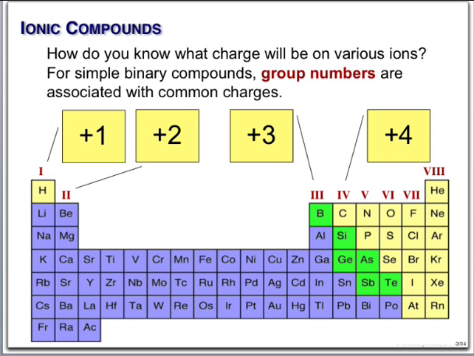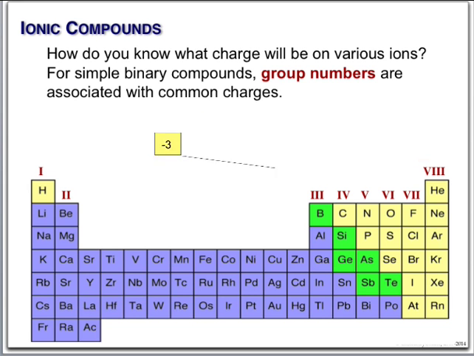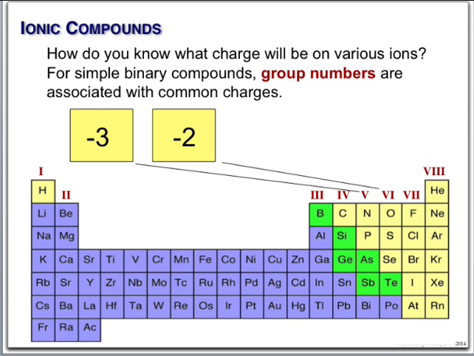For the anions, what you want to do is look at the group number and see how many electrons you have to get over here to group 8. So if we're in group 5, we're going to be a -3, a -2, and then a -1. So that's how you can figure out for a given compound the charge on the ions.